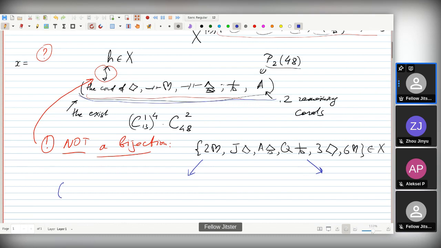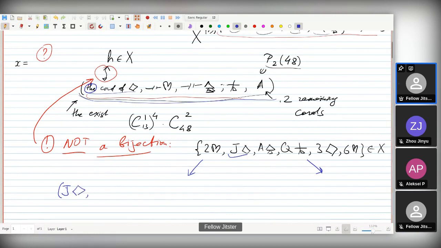Okay, the first tuple will be as follows. So the problem is with this suit of diamonds. The choice of the card of diamonds here is not unique. So you can describe it this way.